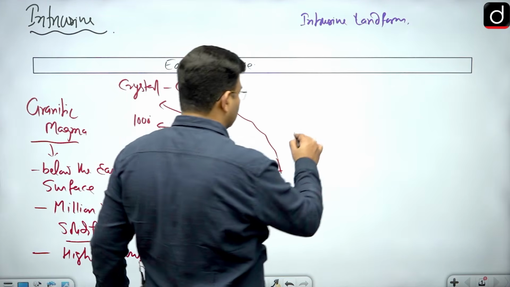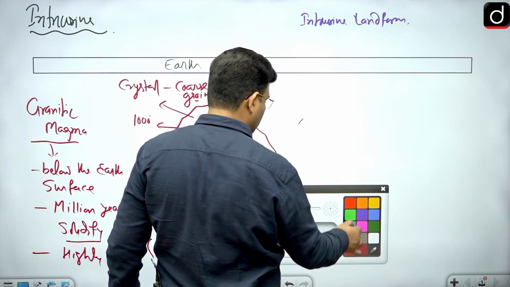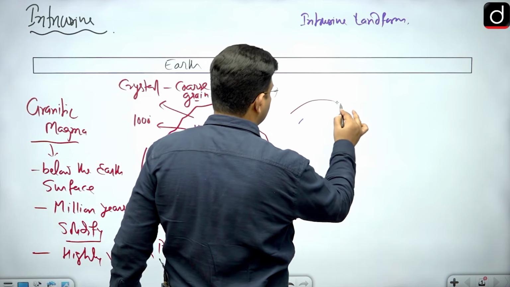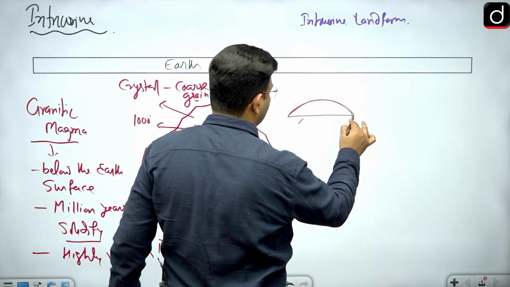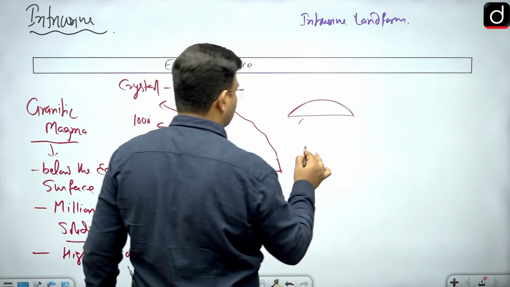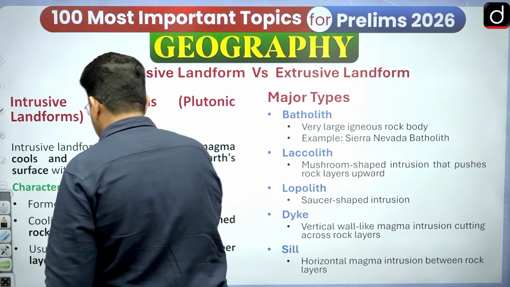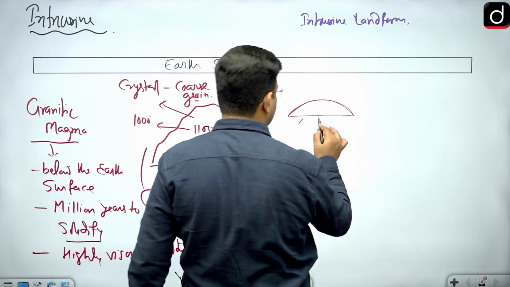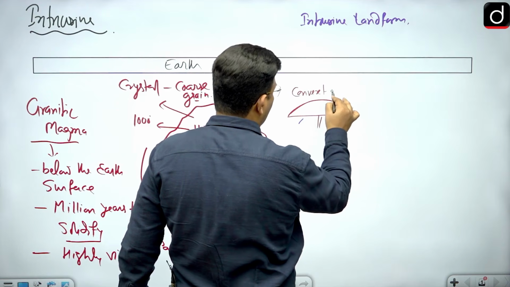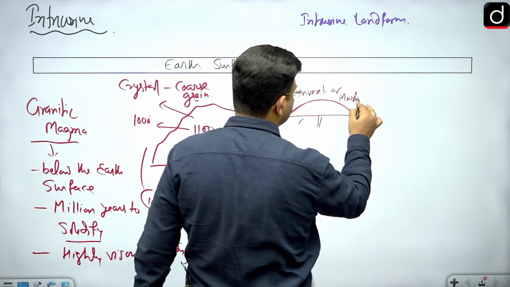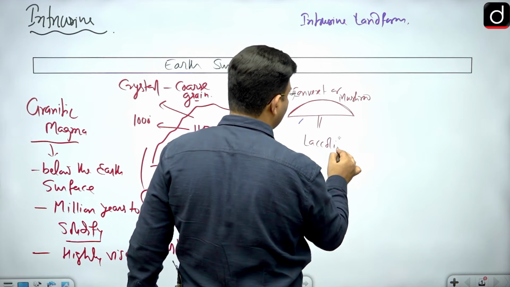In the same way, if a smaller feature is uplifted in a convex shape, like a mushroom, it is known as a laccolith.